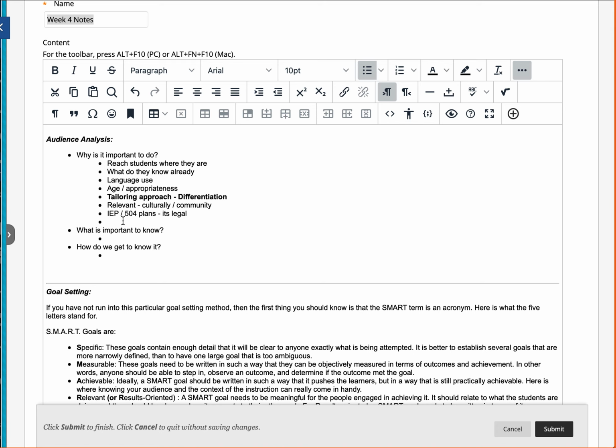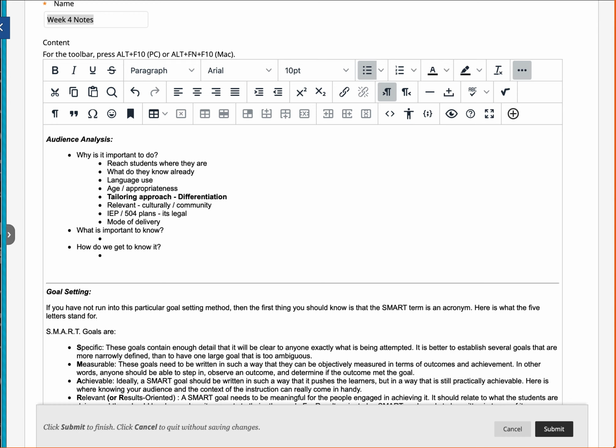I would also put down one that I had here, which is mode of delivery, which covers what kind of learners do you have? There's been a lot of research and talk about multiple intelligences and auditory learners and visual learners and kinesthetic learners.